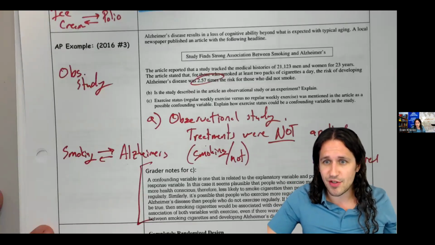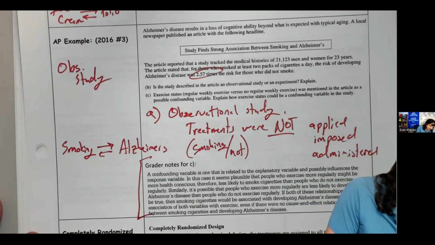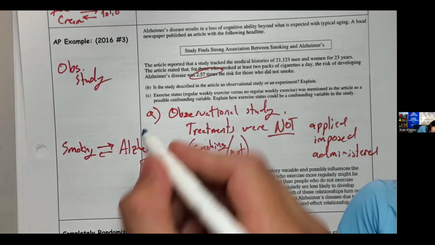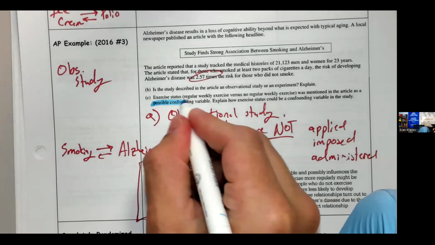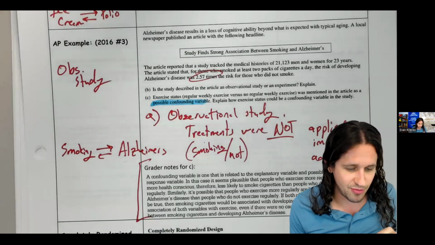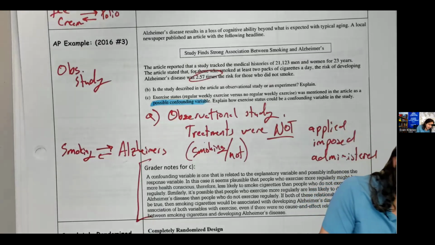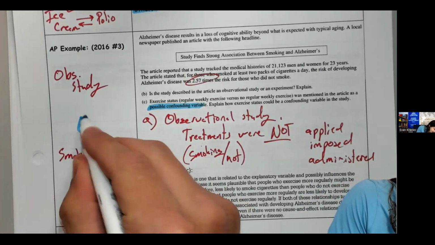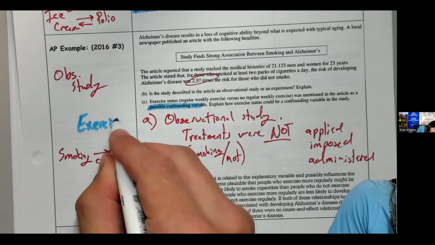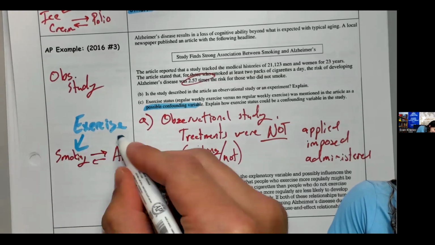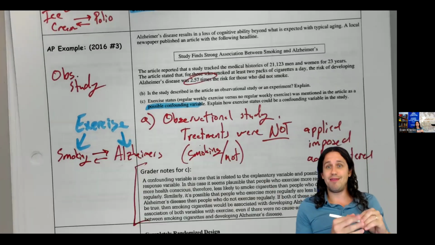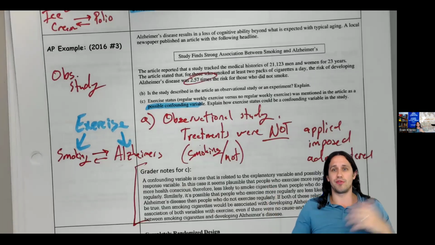And it says part C, exercise status was mentioned as a possible confounding variable. So what does that mean? Explain how exercise status could be a confounding variable in the study. So really what we're saying is exercise is up here. And exercise might be the thing that drives both of those other two.